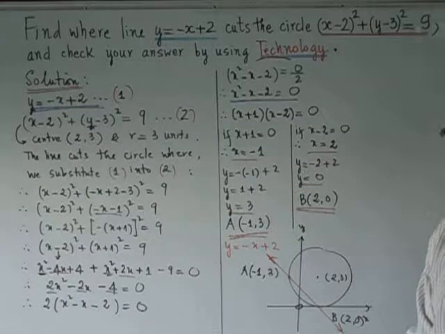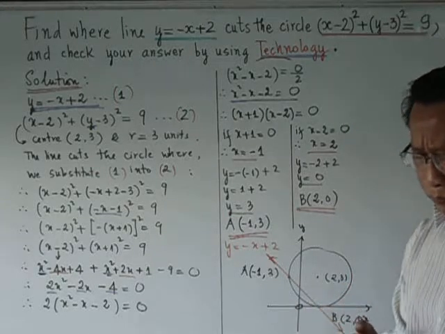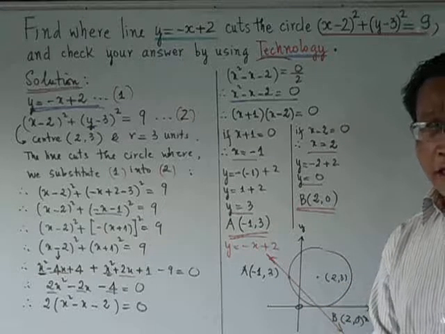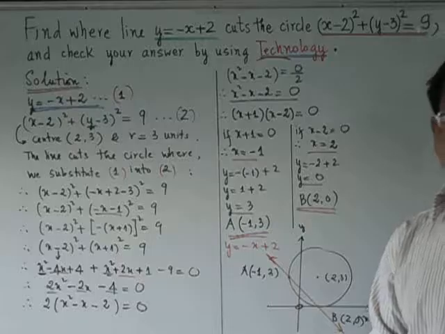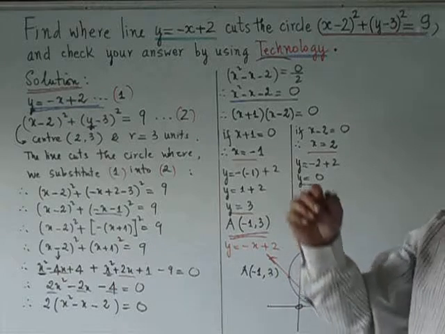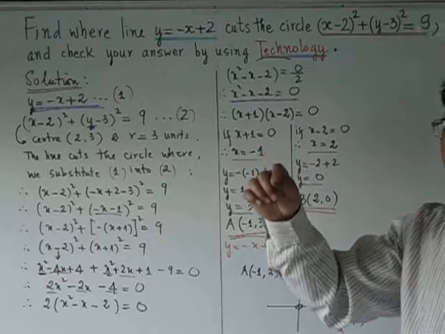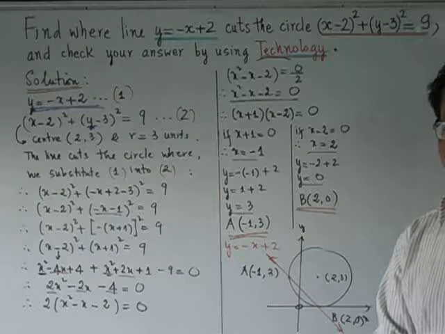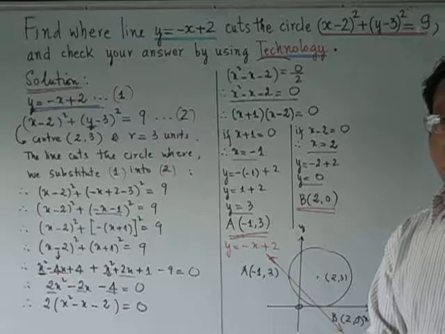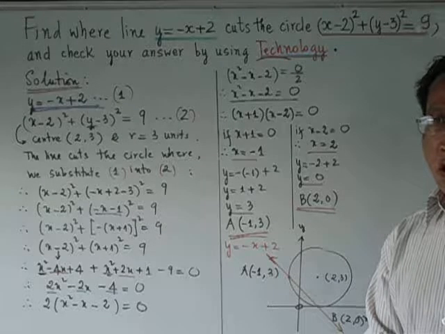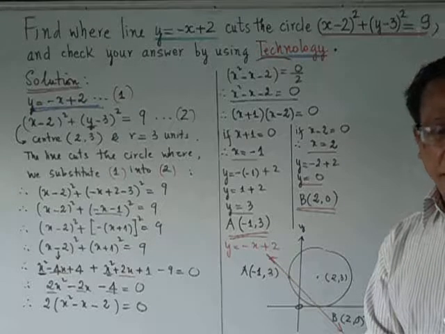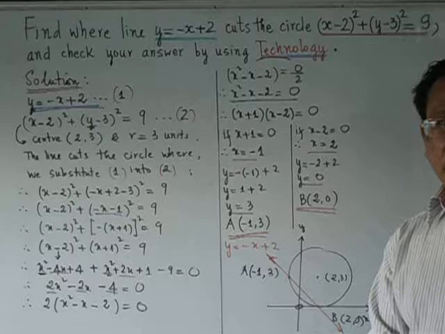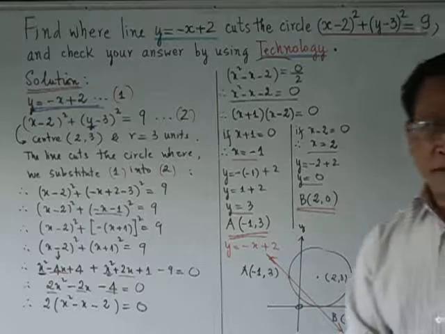So before you draw the circle by technologies, don't forget to press zoom and select 5. You have to see this ZSquare. If you don't, the circle looks like an ellipse. So you have to remember this point.